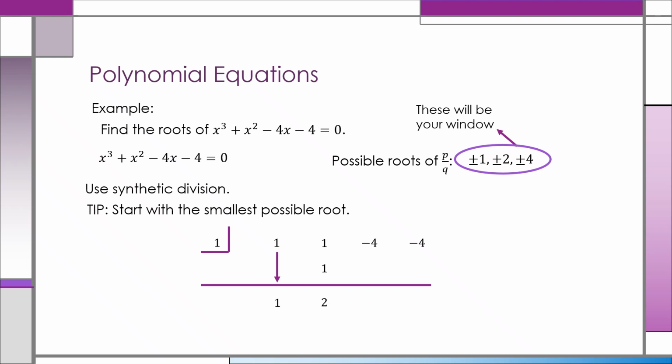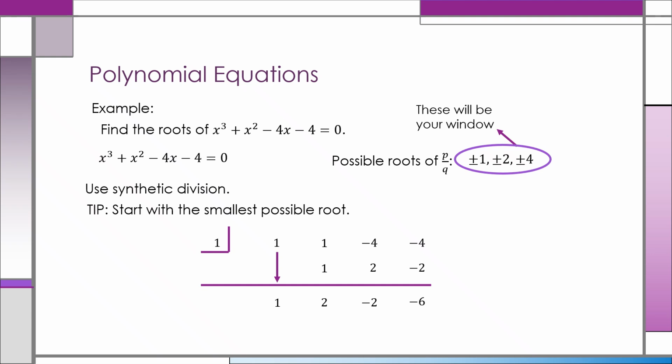Then repeat the process. 2 times the window, which is 1, is 2. Then -4 plus 2 is -2. Then repeat the process. -2 times 1, which is the window, we have -2. And then -4 plus -2 is -6.